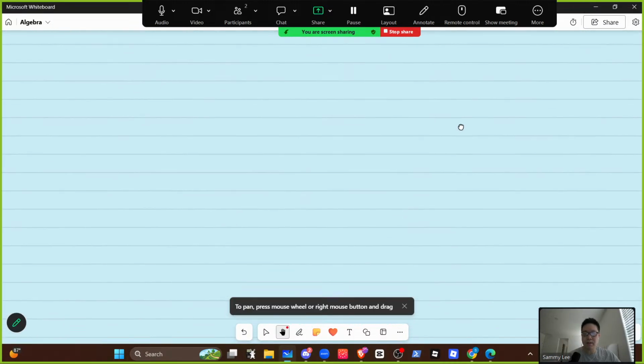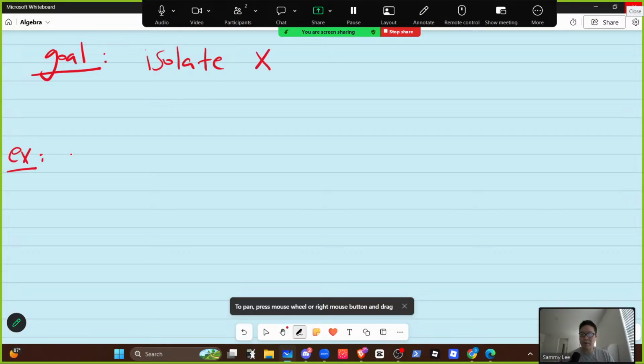Okay, so let's get started with solving linear equations. The goal of solving every linear equation is to isolate x. So let's start out with a very simple example. Here we have x plus 3 equals 10.